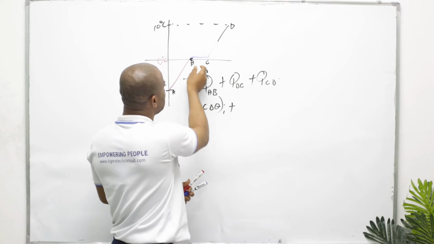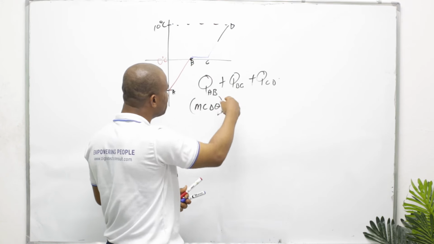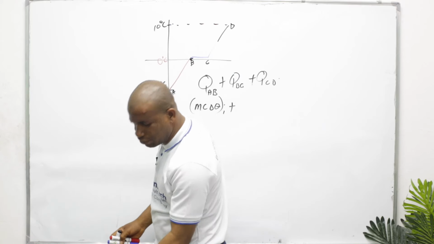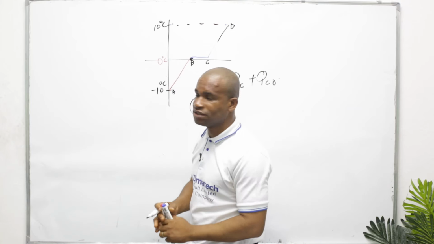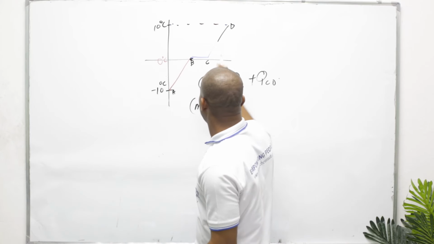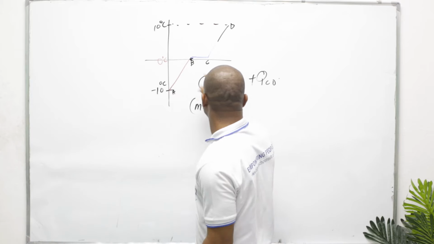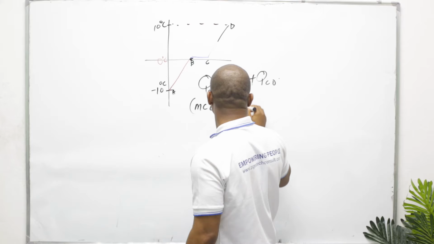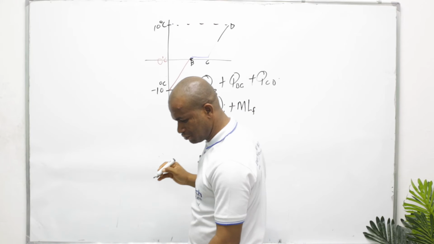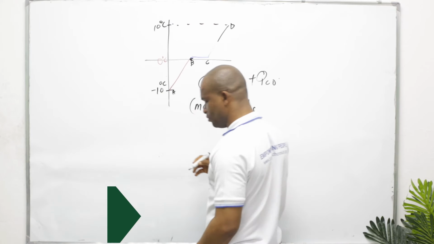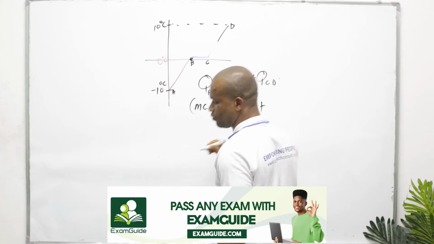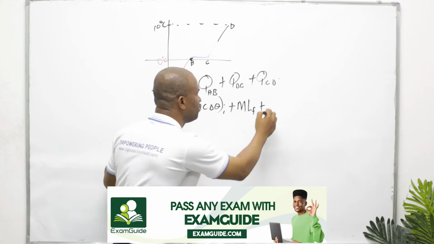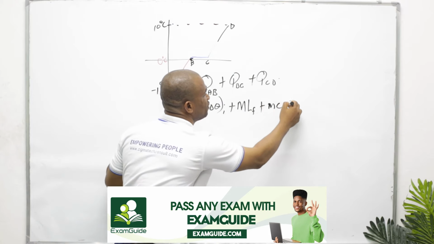Plus, when it comes to this point, this is a change of state. Whenever we have a change of state, there are two kinds: it's either fusion or evaporation. So it's fusion because it's changing from solid to liquid. So you have mLf, then plus the next one from here to here, which is also mc change in theta.